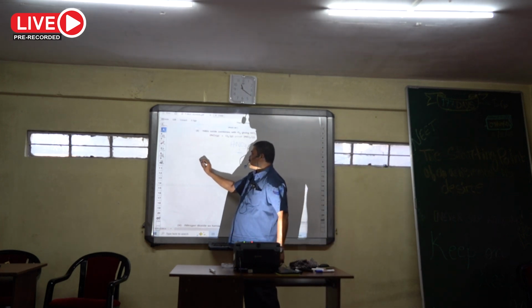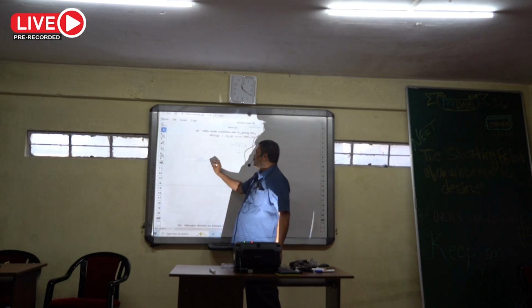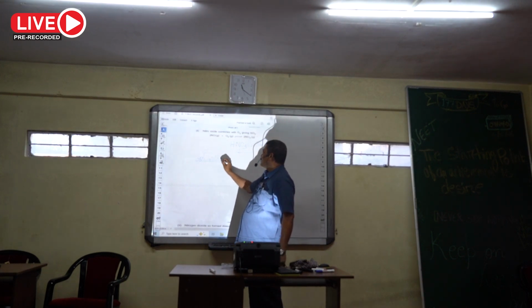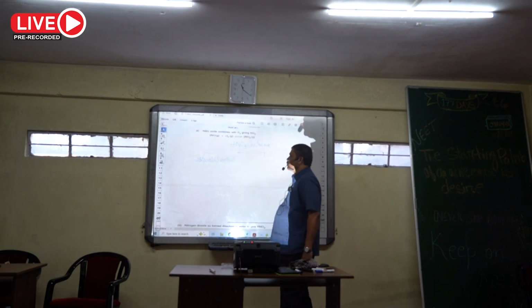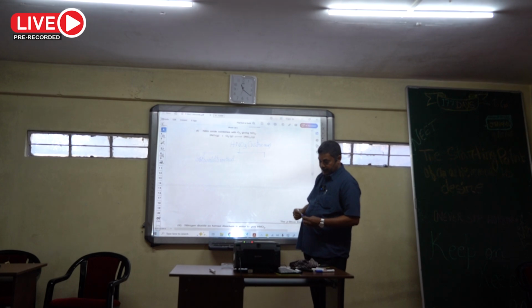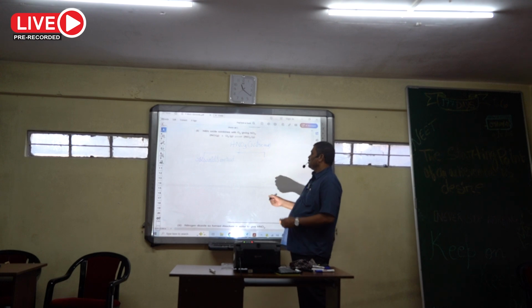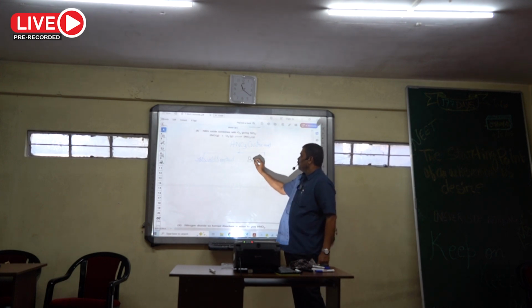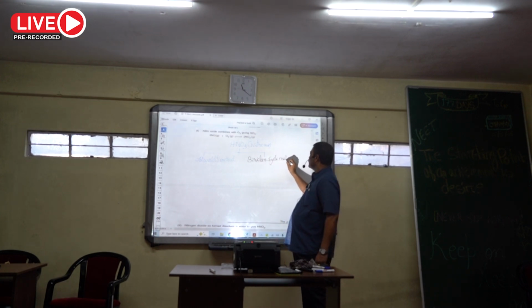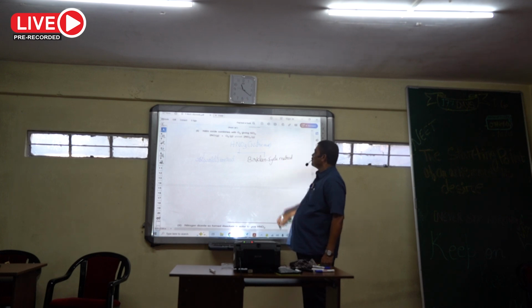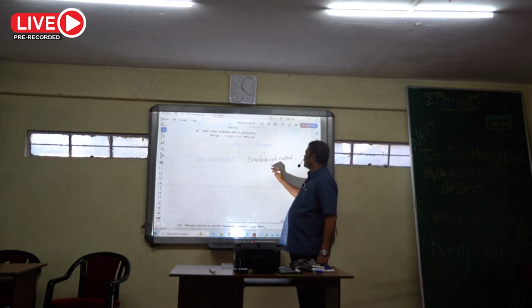One is called Ostwald's method. The second one, Birkeland and Hyde method, which is also called arc process.